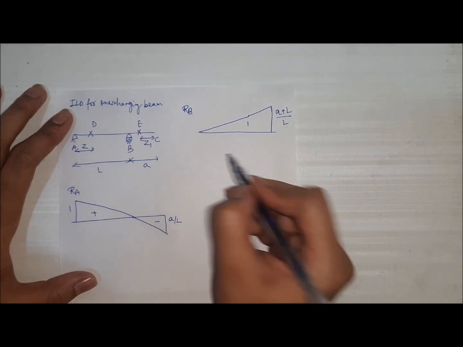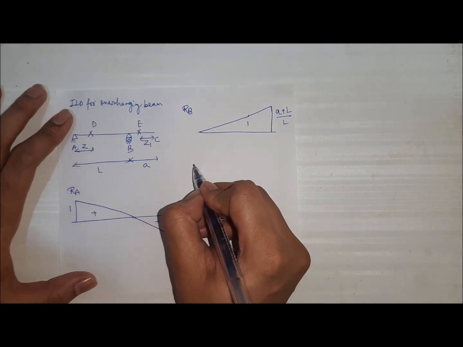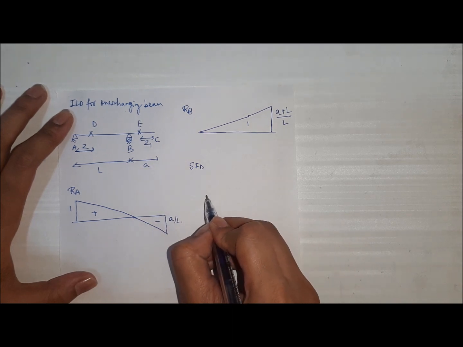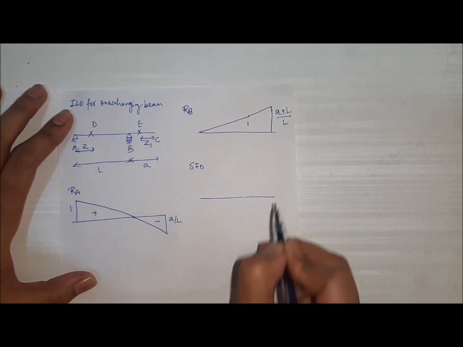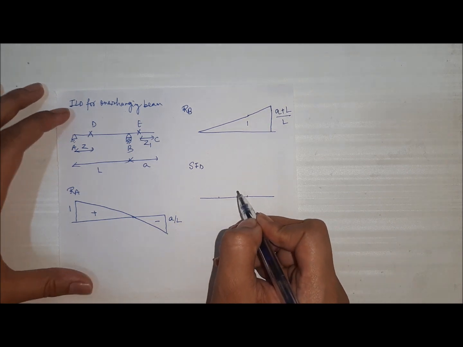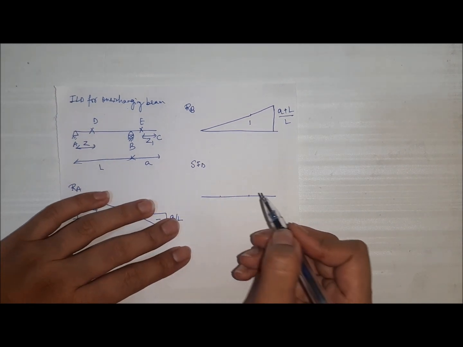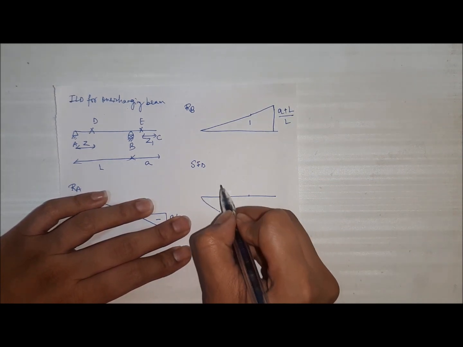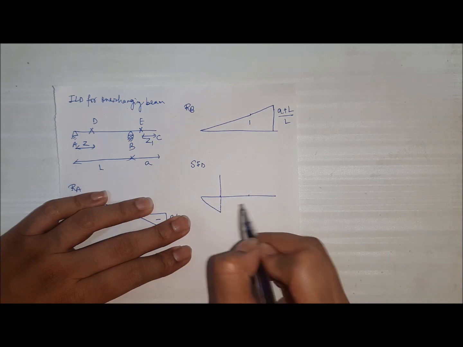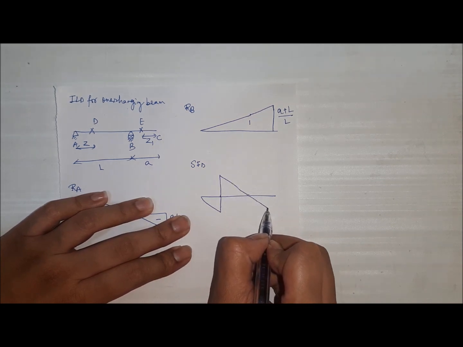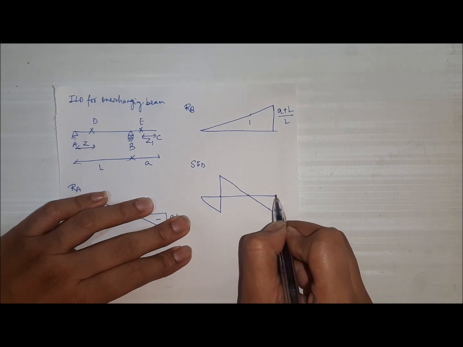Now we will plot the shear force at section D. We have this beam, this is B, this is D. If we consider AB as a simply supported beam, we have earlier drawn the shear force for the section as this, and since the BC portion is again free, it will go downwards like this.